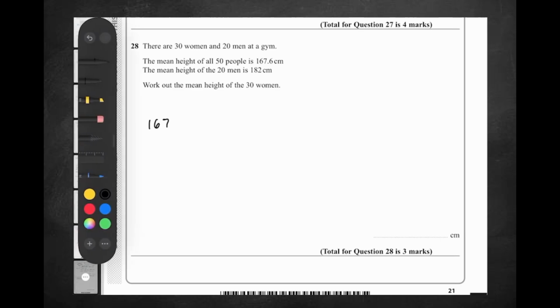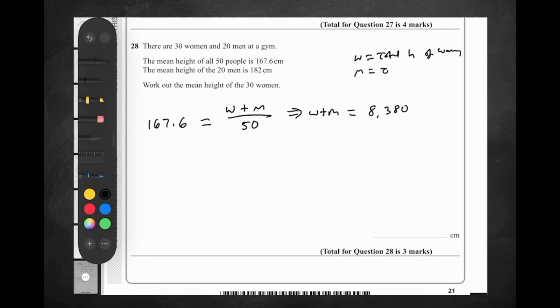So, 167.6 equals women plus men over 50. Therefore, women plus men equals 167.6 times 50, which I'll do on my calculator, 8,380. I'll put up here, W equals total height of women, M equals total height of men.